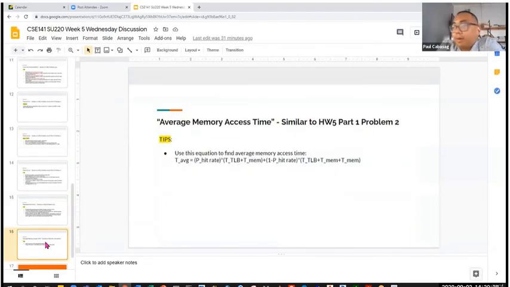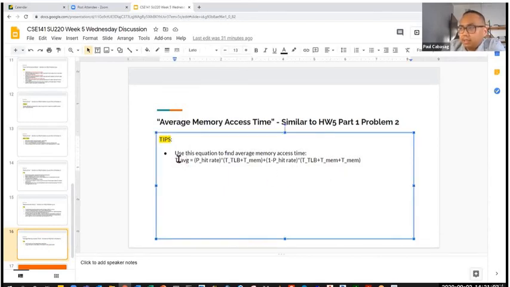And for part 1, there was a problem, I think in problem 2, about average memory access time. It doesn't give you an equation. I know for part 3, it gives it to you, and then you just have to find what those are. But for this one, you would just have to apply this. I just gave this to help out.